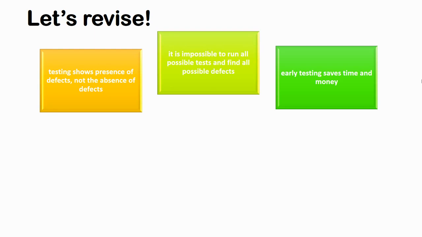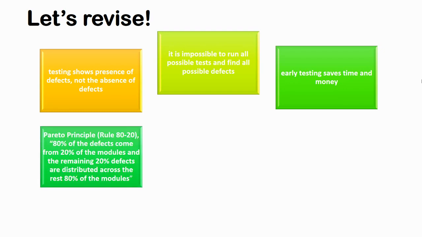Early testing saves time and money, which is of course connected to our early testing principle. Pareto principle, rule 80-20, 80% of the defects come from 20% of the modules, and the remaining 20% defects are distributed across the rest 80% of the modules, which is of course connected to our defect clustering principle.